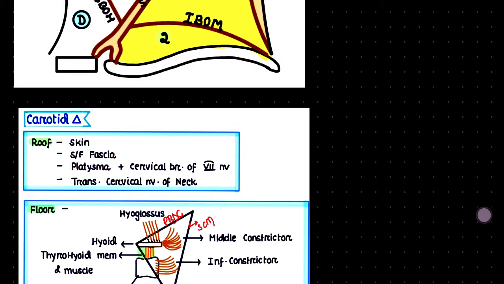Additionally, we are going to study that this platysma muscle, the anterior big muscle of neck region, is supplied by the cervical branch of seventh nerve. Similarly, another thing contributing to the roof is the transverse cervical nerve of neck.